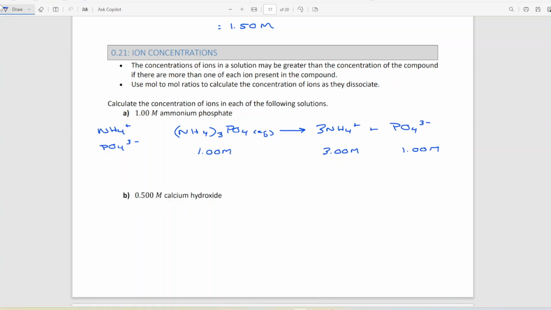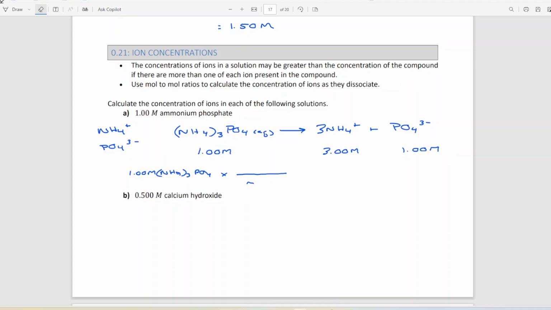If you want to go through and do the whole thing, just know that because this is moles per liter, you're allowed to convert between. So if you're not sure what I did there, you could take your NH4 phosphate. So you have your 1.00 molar, and then you would do a mole to mole ratio. So it would be 3 moles of, oh, sorry, I put that in the wrong spot.